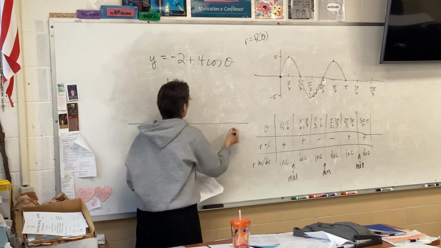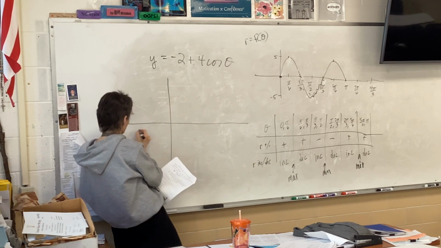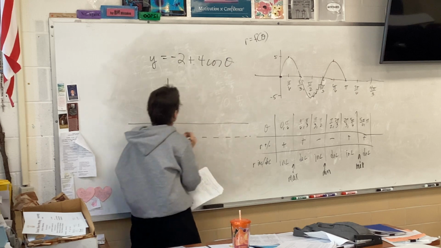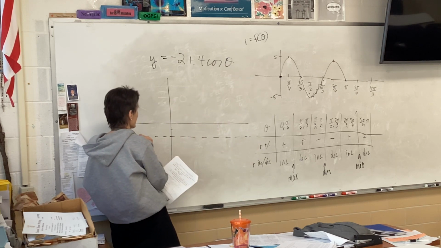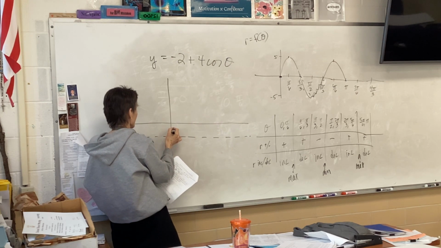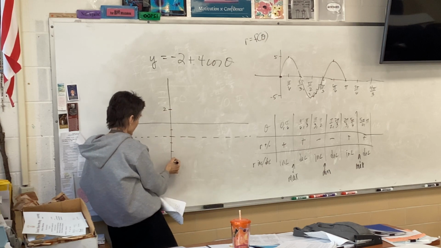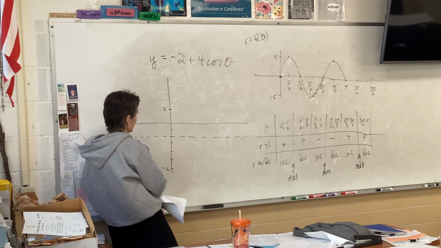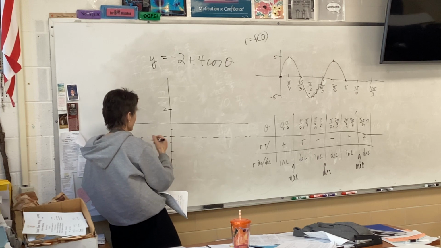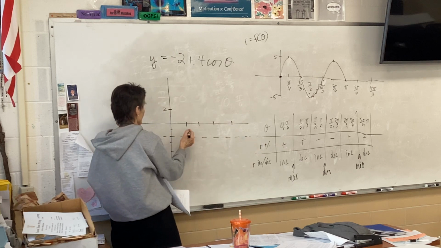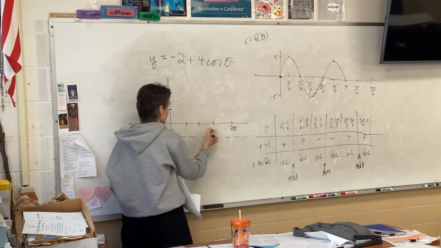So what have we got here? We have a midline at -2, and we have a positive cosine with an amplitude of 4. So I'm going to go up 1, 2, 3, 4, and down 1, 2, 3, 4. It's a positive cosine. So I'm going to go ahead and set these up to 2 pi as my period.